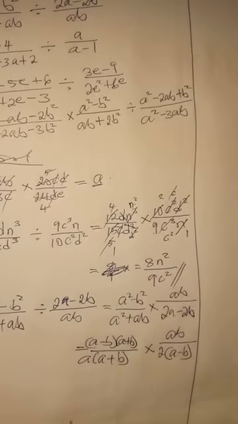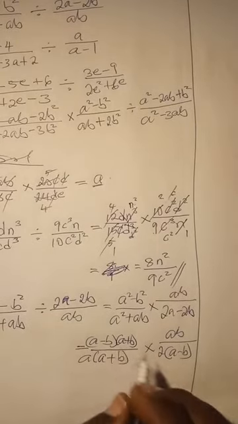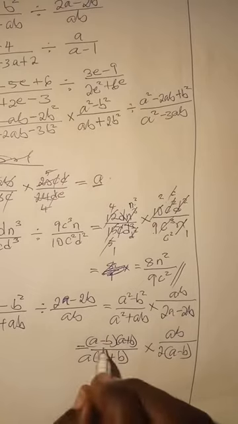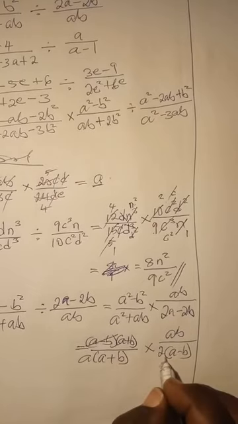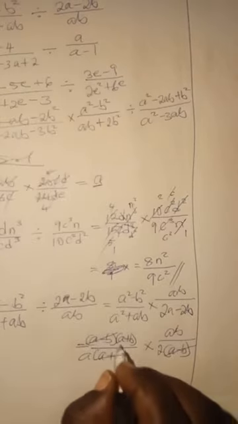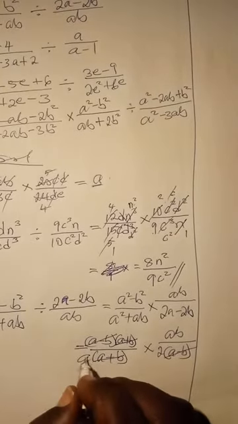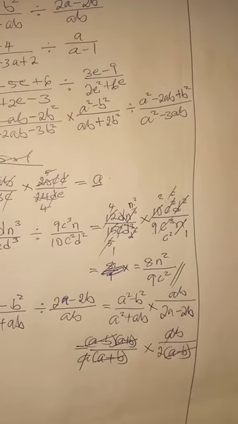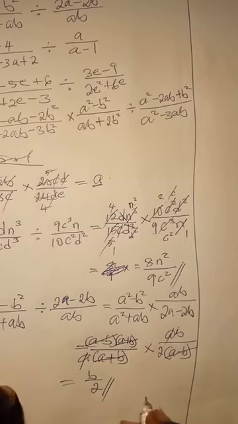This is simple, right? Clearly a minus b can cancel out. What about a plus b? It can cancel out here. What about a? It can cancel out. So we're left with b over 2. See that?